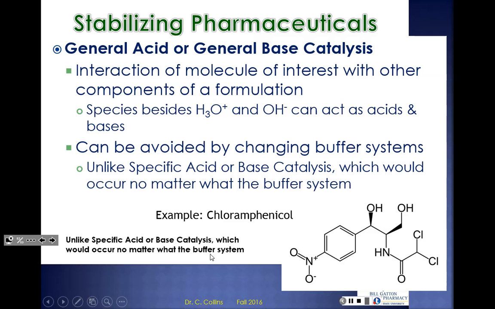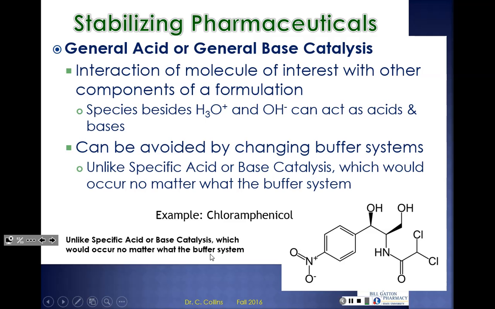So chloramphenicol is one that is degraded by general acid, general base catalysis. And the statement here that some of you are getting up to look at is that, unlike specific acid or specific base catalysis, which occurs no matter what the components are, general acid, general base is reacting with specific components that we can change.